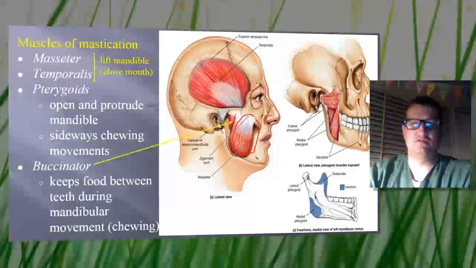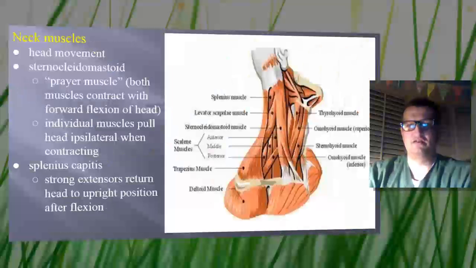Looking inside, the mandible is cut away to show the pterygoid muscles. The lateral and medial pterygoids allow us to move the jaw laterally. The masseter, buccinator, and temporalis allow us to chew up and down. And this shows the insertion of these different muscles on the mandible.